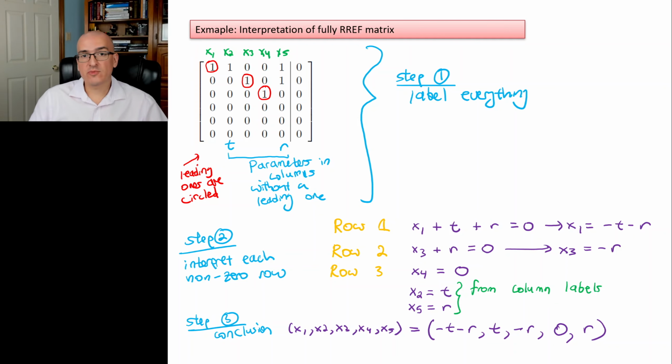So you pick any numbers you want for t and r, and then populate the right-hand side, and that's going to be a solution to the system of linear equations. There's an infinite number of them, but it's not a chaotic type of infinite. They're related to each other in the way that's indicated here.